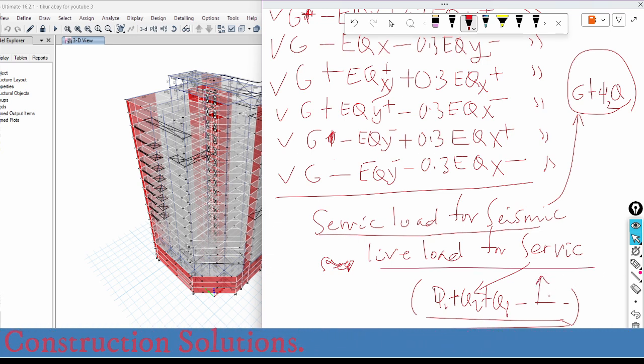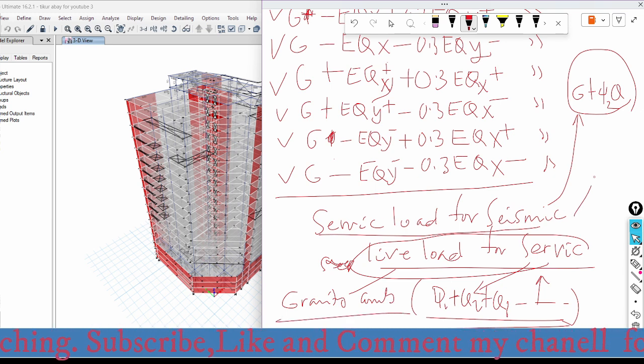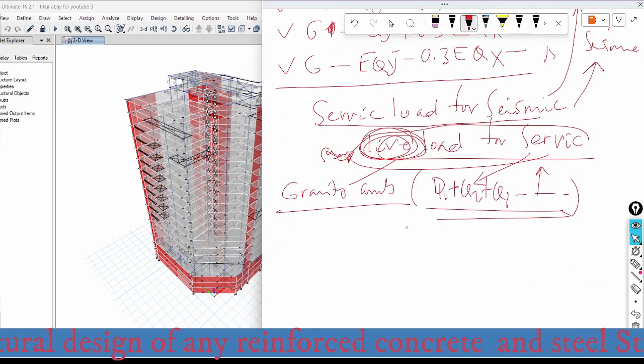Now let's see it in detail, because this is for gravity combination. This variable load will be used for gravity combination. And this one is for seismic combination, and this is only the variable load. And also the service load for normal combination, service load for gravity combination will be here.